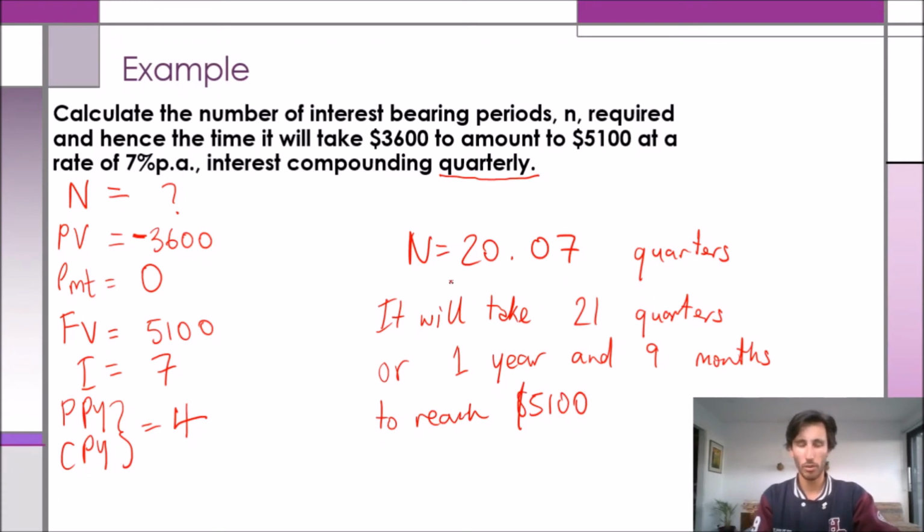So that's really important. Our N was 20.07, but remember we can only have a whole number of quarters. And after 20 quarters, we haven't reached the amount. But after 21, we have. So we have to round up to 21 in this case.